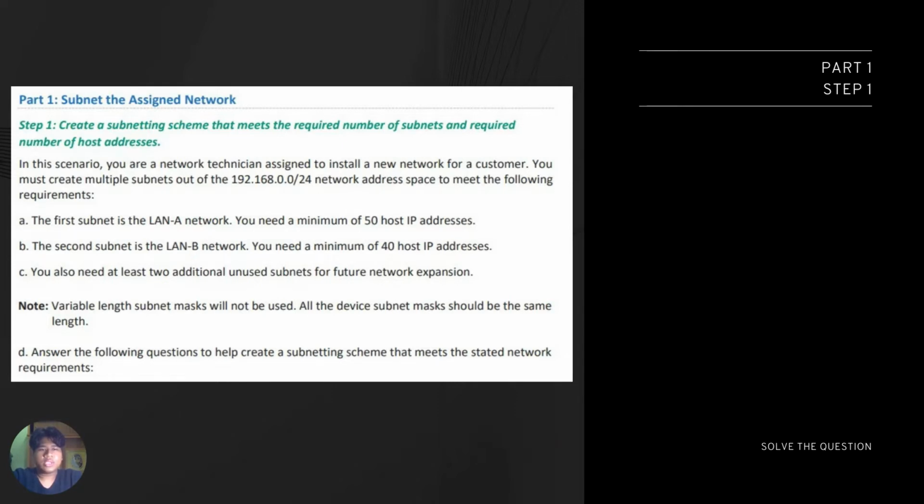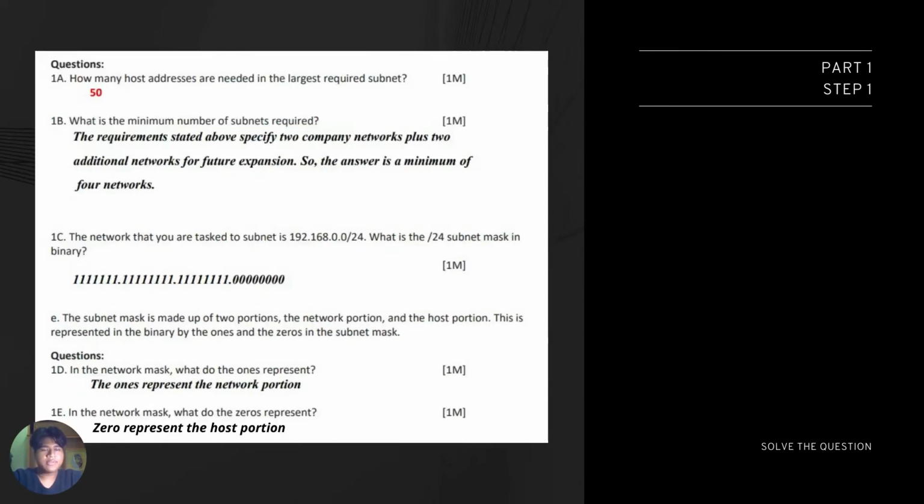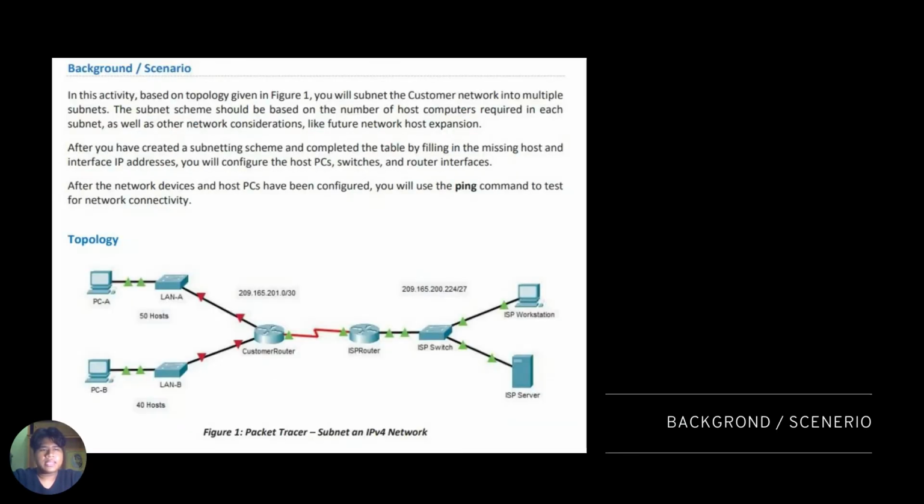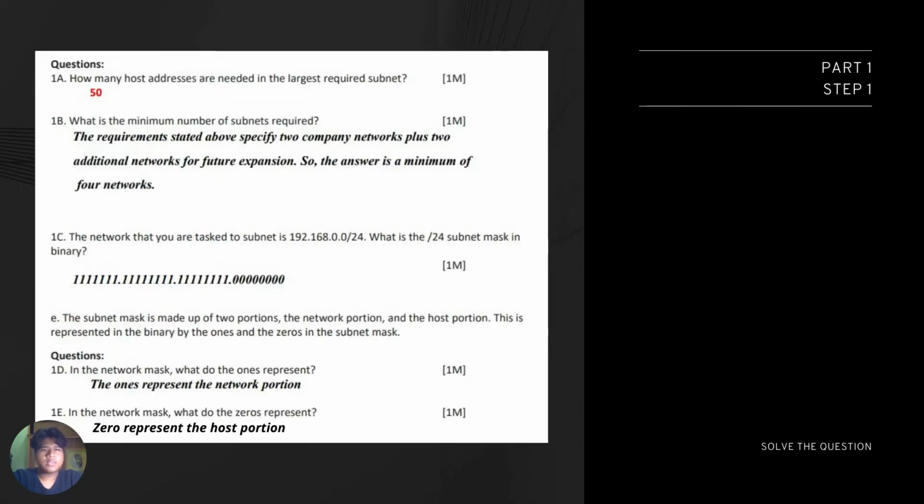So let's answer the question. The first question: how many host addresses are needed in the largest required subnet? You can see here that 50 hosts is the largest required subnet. B: what is the minimum number of subnets required?